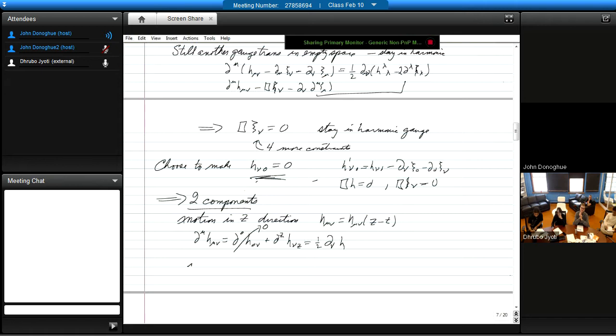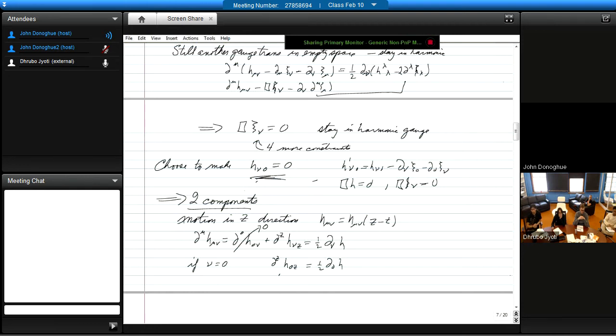But now, if nu equals 0, this one is d by dz of h0z equals 1/2 d0 h.